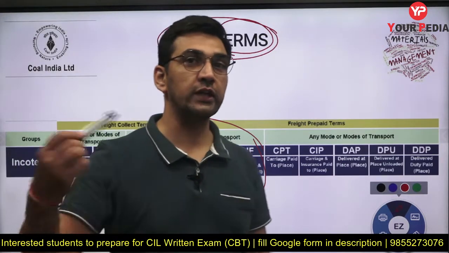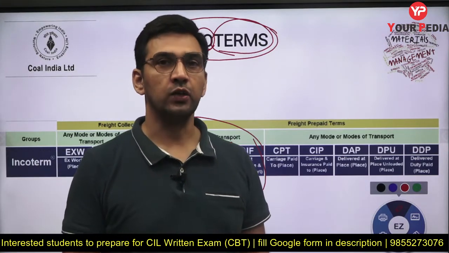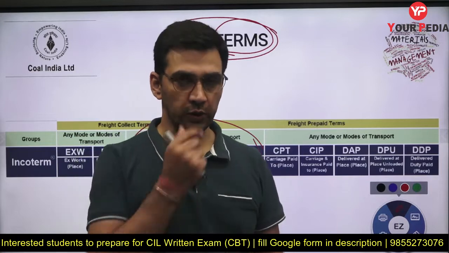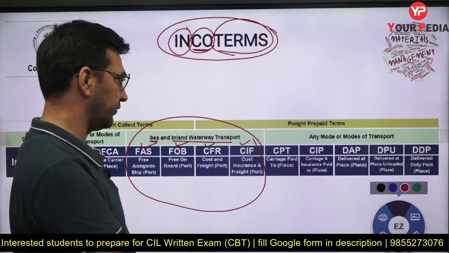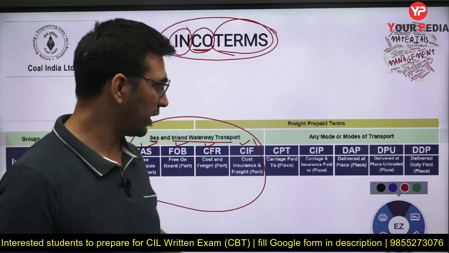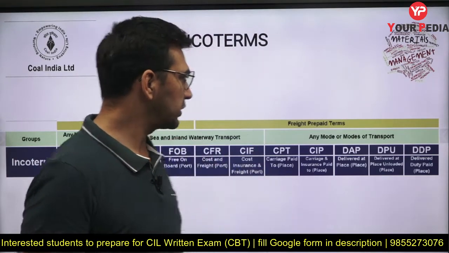When you are sending goods from one country to another through waterways or through sea, these terms are used: FAS, FOB, CFR, CIF, etc. These are the prominent terms, and you should have a thorough understanding of them and the difference between them. So let's go ahead.